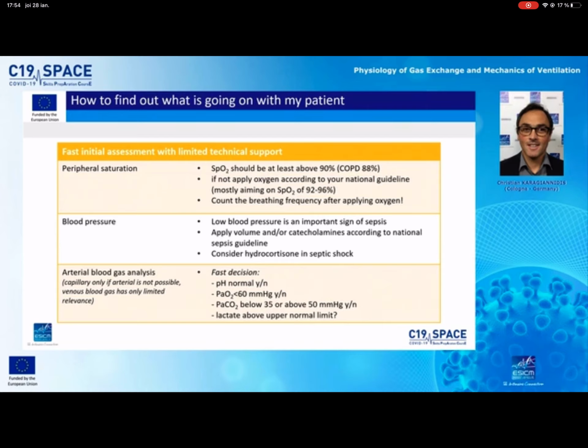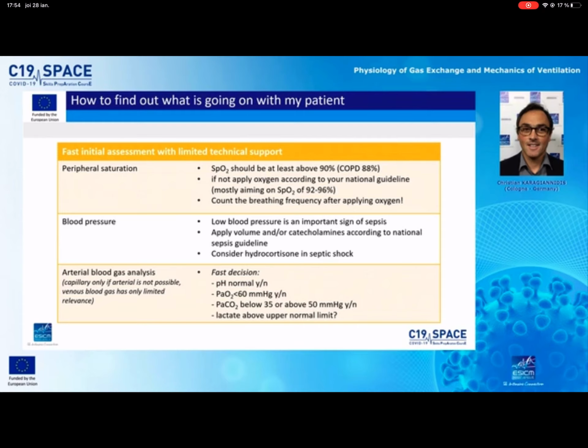The next step is measurement of blood pressure, which is an important sign of sepsis and should also be treated according to your national sepsis guideline. Especially in these COVID-19 patients, consider hydrocortisone in septic patients, or dexamethasone if you think of the RECOVERY trial.